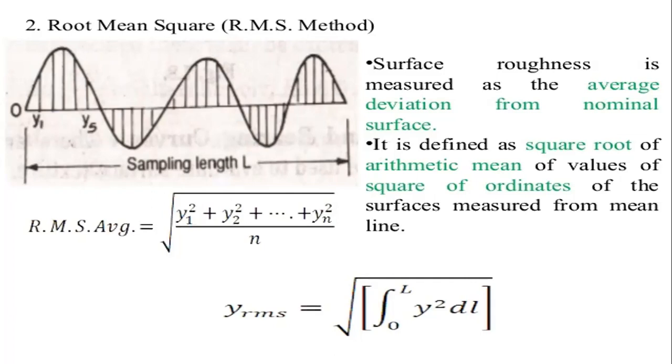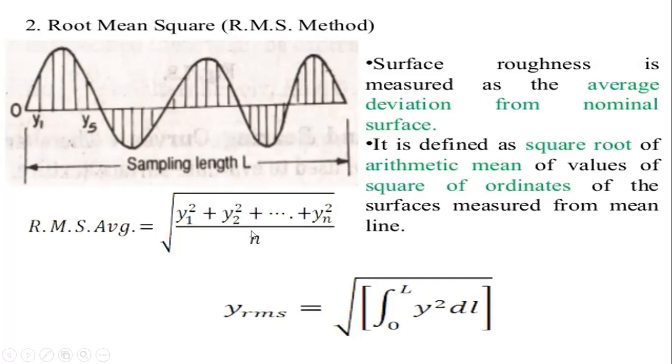That is the average line, and it is defined as the square root of the arithmetic mean of the values of square of coordinates of the surface measured from the mean line. So it takes the square values for every coordinate: y1 square, y2 square and so on, yn square.